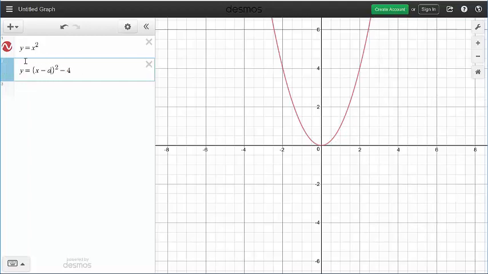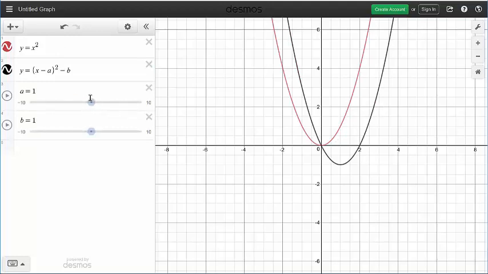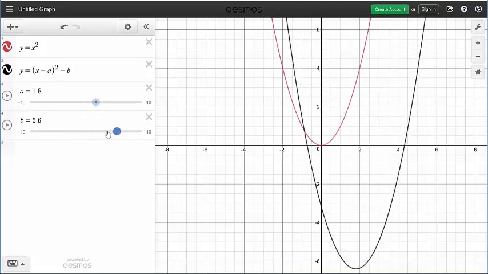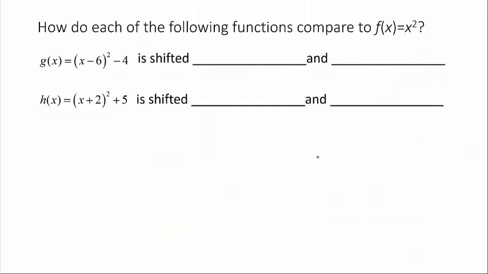And yes, we could even put 2 sliders in here if we wanted to. This one will affect the horizontal and this one will affect the vertical coordinates. So when we have this function g of x equal to (x minus 6) squared minus 4, that's taking the graph of x squared and shifting it right 6 units and down 4 units.